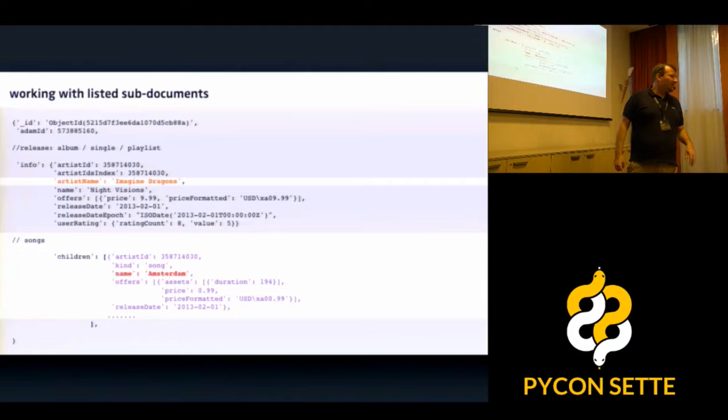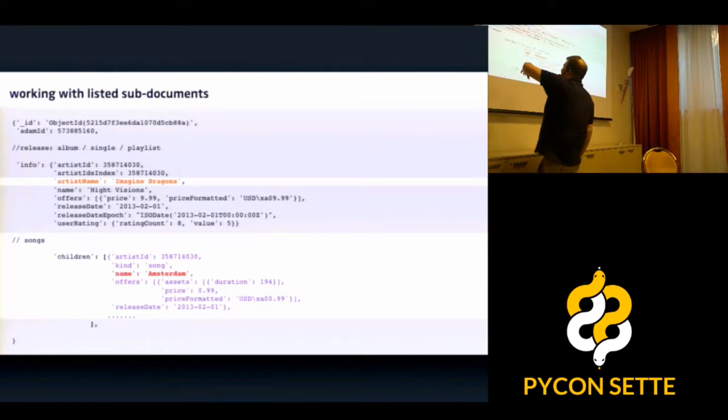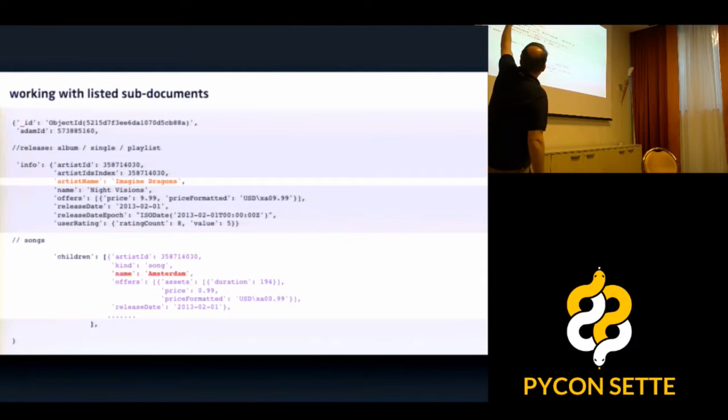So next question is, how can we work with this nested stuff? Like, this is making people very often really crazy. We have basically a parent level. There's also info for the album release stuff, and then on the album release we find the children, which is a list. And we cannot really access it directly because it's a list.